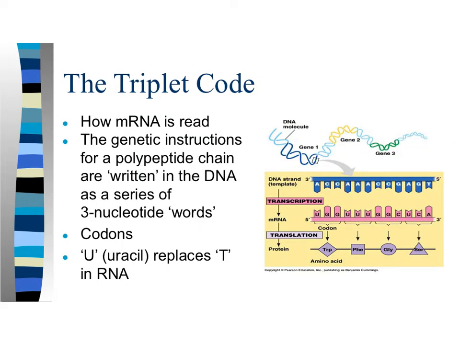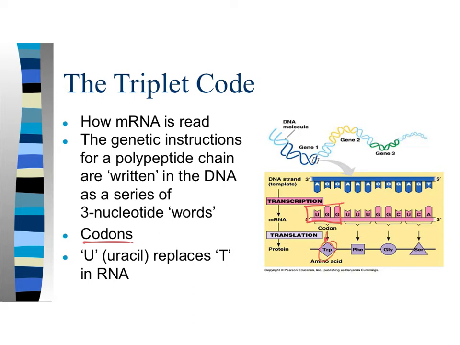Okay, how is mRNA read? We're using the triplet code. This is something to keep in mind as we continue. These are called codons. Codons are three nucleobases that are the genetic instructions for how to write a polypeptide. So codons are read in threes, and they code for a particular amino acid.